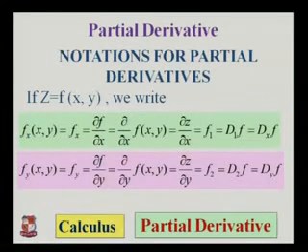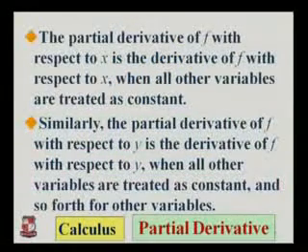If we take the derivative with respect to y, it is f_y(x, y), del f by del y. Another symbol is del z by del y and D_y f. These are the different notations to write the partial derivative.